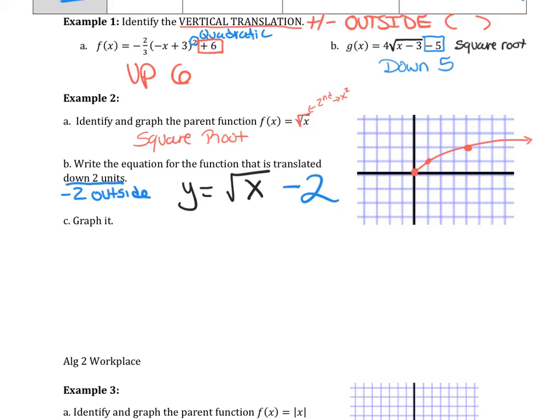So when you type this in your calculator, you get the second x squared to get your square root symbol, then depending on what your calculator does, if it comes up with the square root symbol in a parenthesis, you would type your x and then close the parentheses before you subtract 2. Or if it just shows up with the square root symbol and everything shows up underneath that line, you would type your x, and then you have to hit the right arrow to scooch out of the square root symbol, and then subtract 2 on the outside.